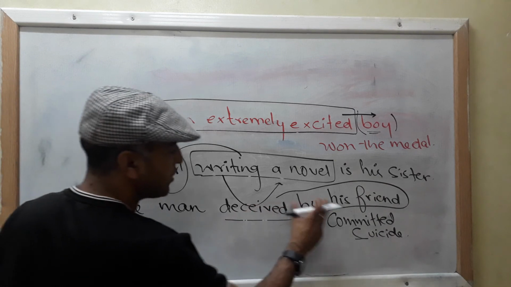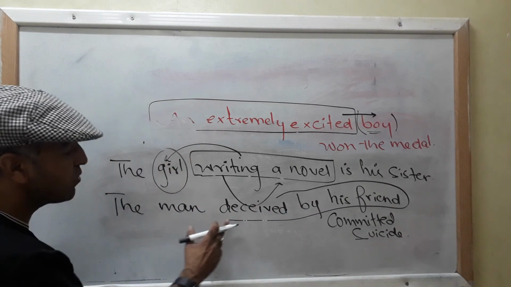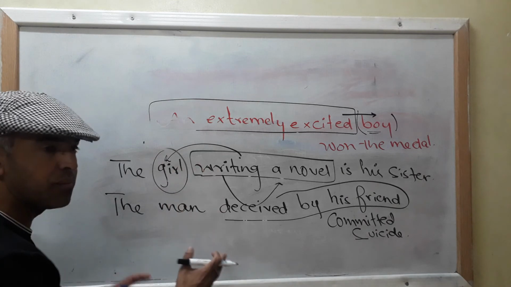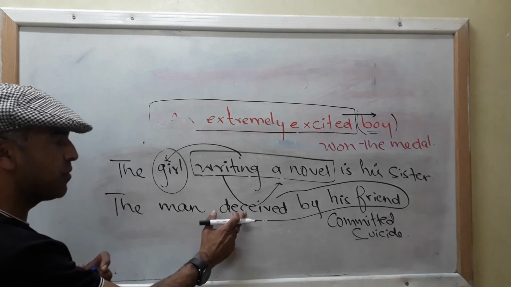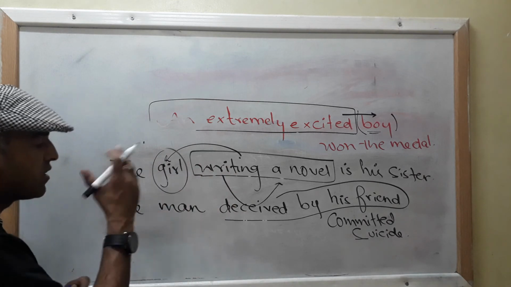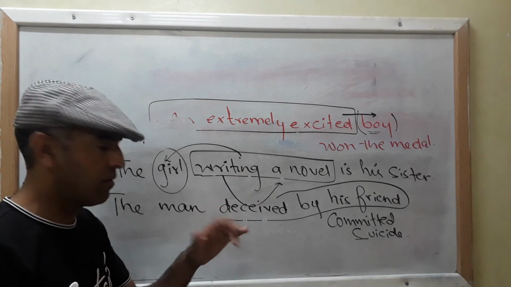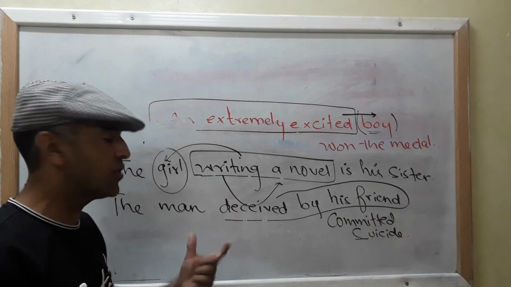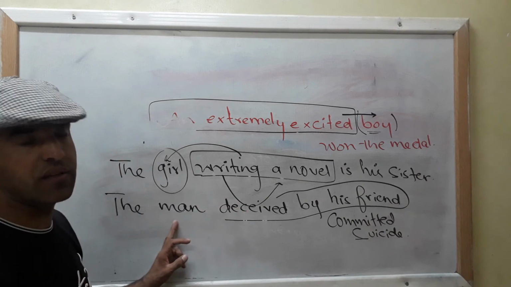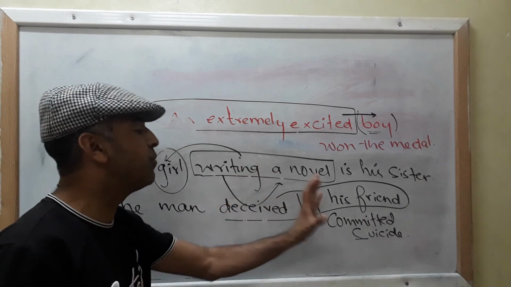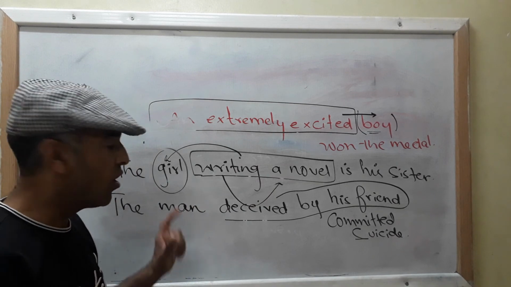Now sometimes, as I told you, an adjective phrase starts with a participle, either a past participle or a present participle, but it functions as an adjective in a sentence. Because which man? Deceived by his friend. A man who was deceived.